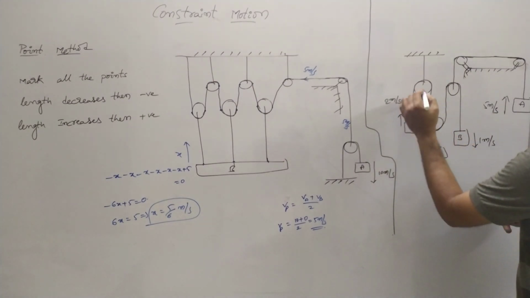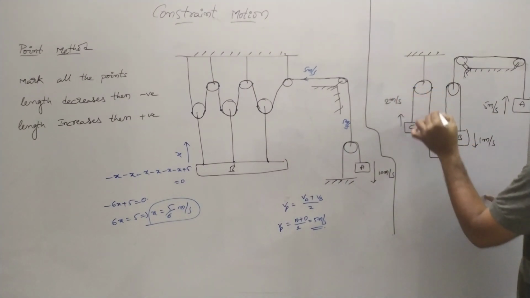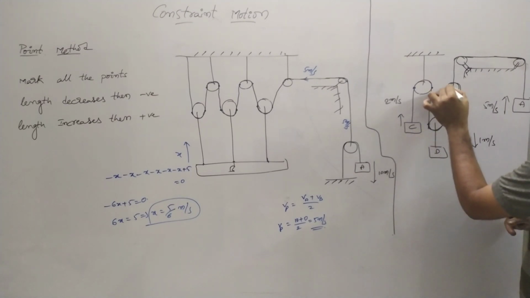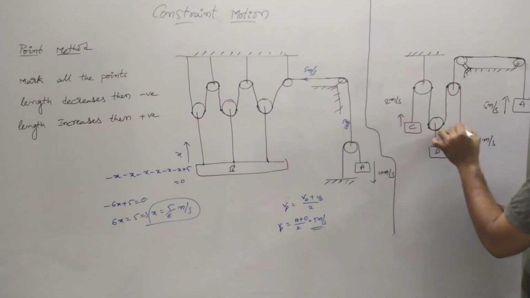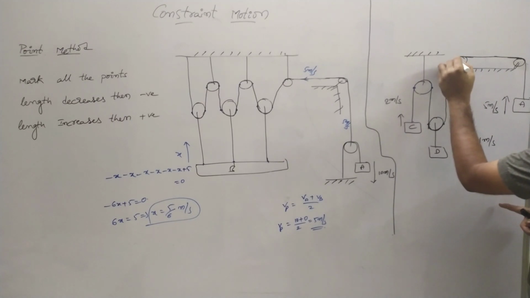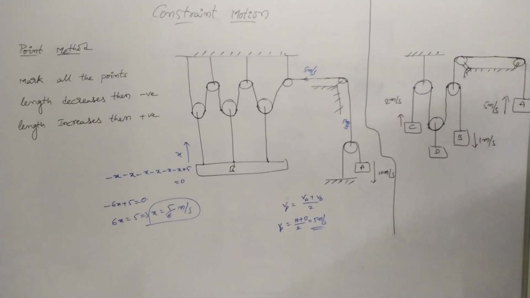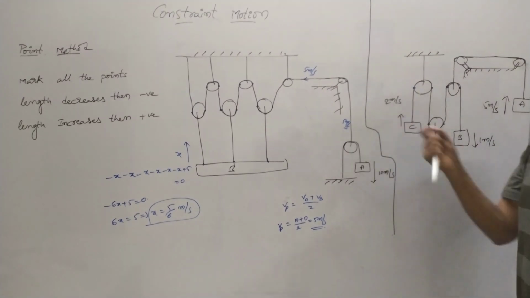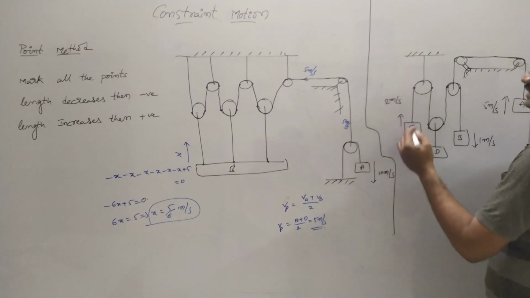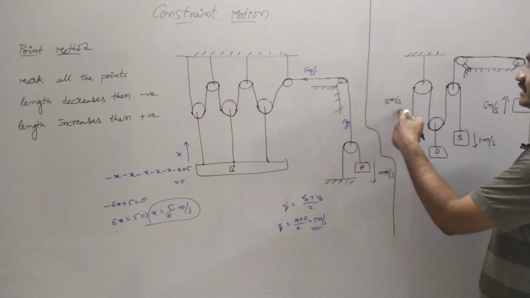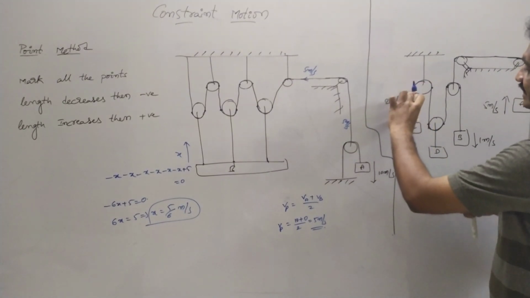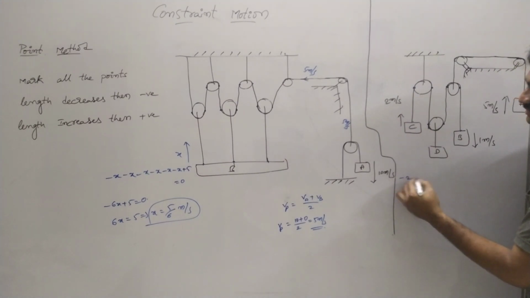Again, let us consider points 1, 2, 3, 4, 5, 6, 7, 8, 9, 10, 11, 12, 13. Now we have to find the velocity of this block D. Here observe that the block C is moving in the upward direction with a velocity of 2 meter per second. So here at this point the length decreases, so we represent it as a minus 2.